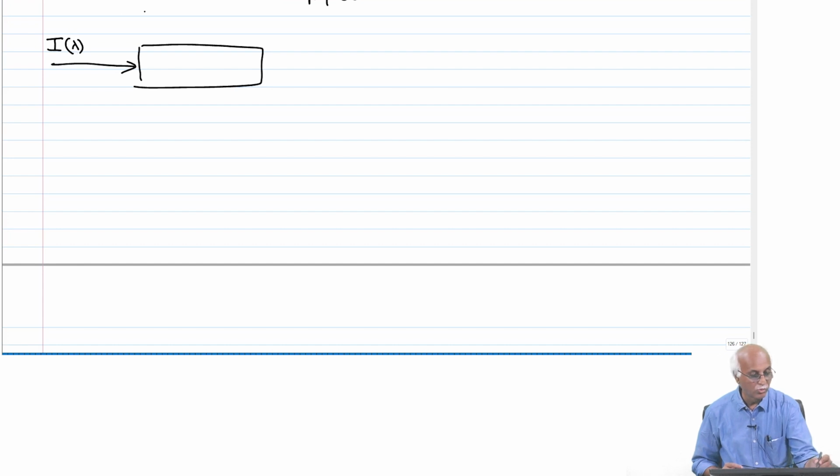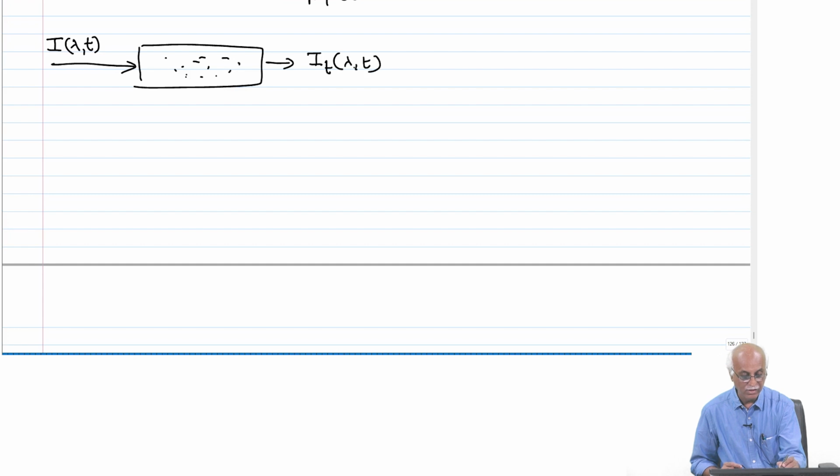So, a pulsed input passes through a cell where absorption comes into the picture, and some transmission will be there, but at present we are not worried about the transmitted light intensity.